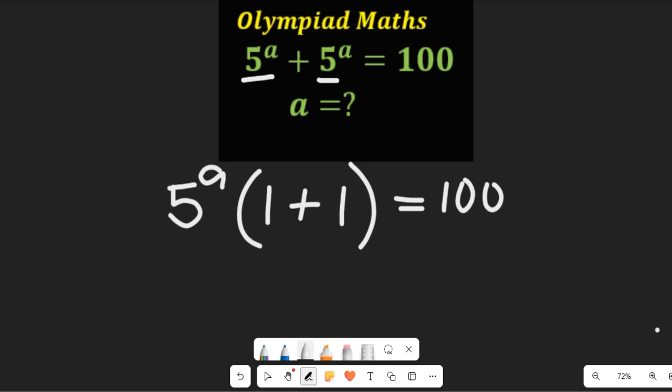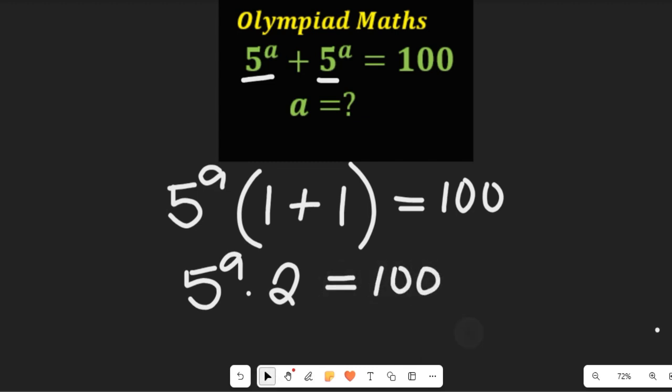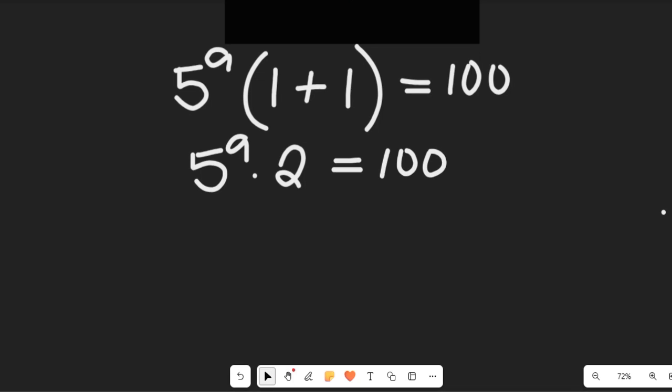Now in step 2, we're going to add 1 plus 1, and that will give us 5 to the power of a multiplied by 1 plus 1 is 2, and this will be equal to 100. Now in the next step, we are going to divide both sides by 2.